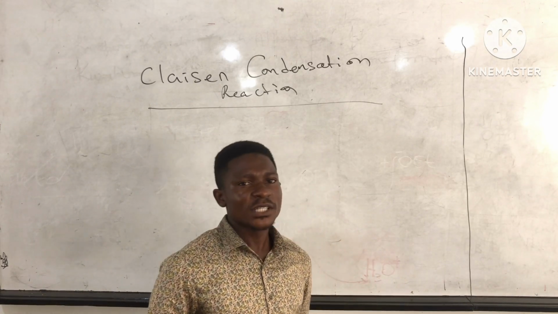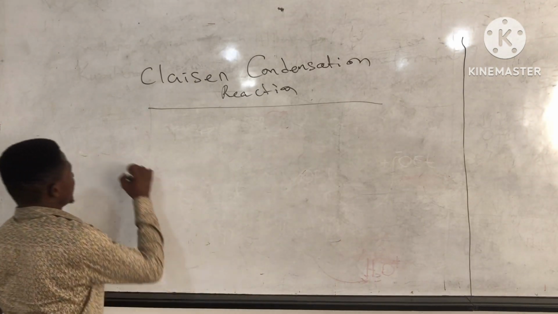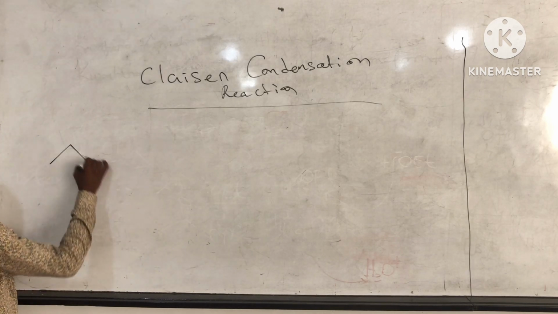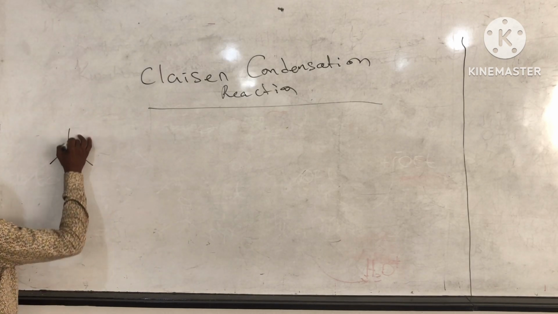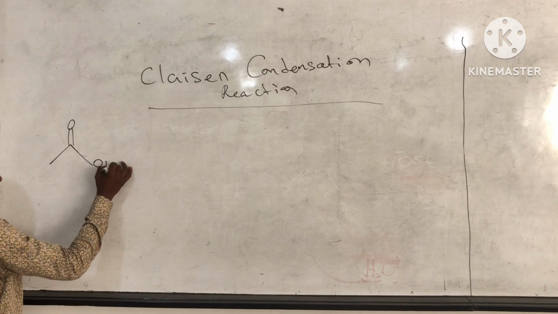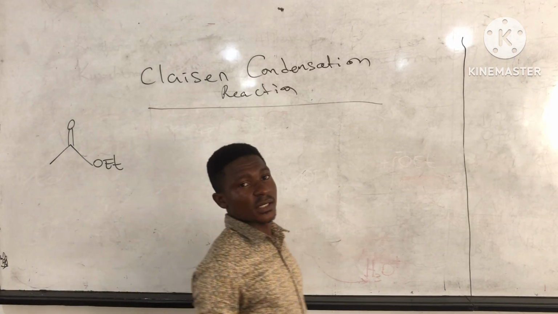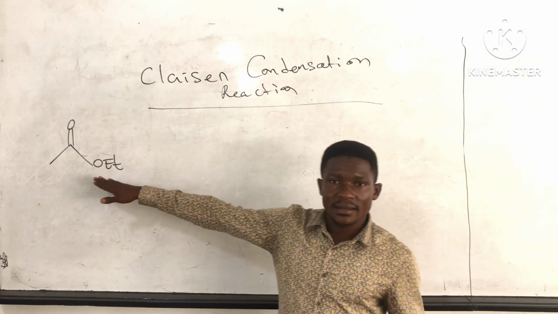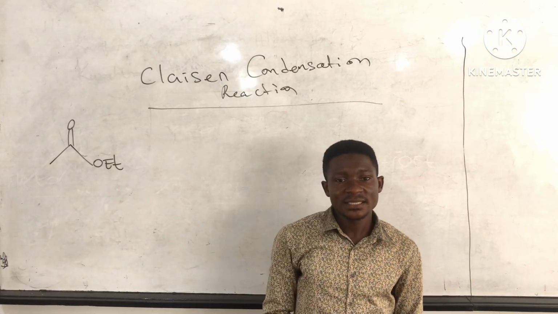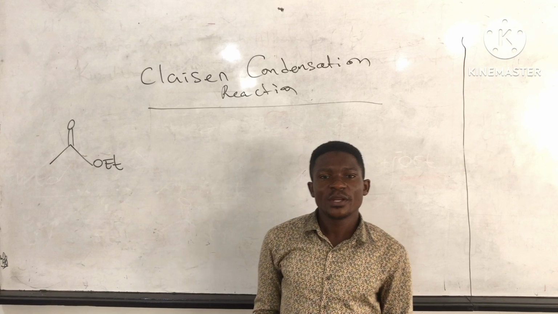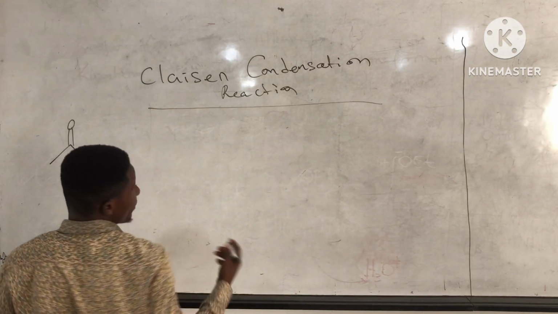I'm going to use a simple ester like this one, and then what next do we have to do? We need to establish the conditions under which the reaction is occurring.